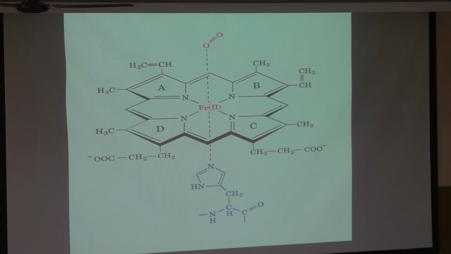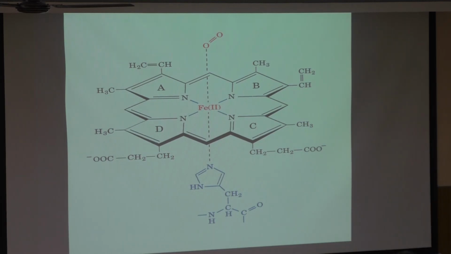This is the iron. The nitrogen of each pyrrole ring will be combined, so 4 are over. Then the 5th will be the histidine group from the globin chain, and the 6th will be oxygen.